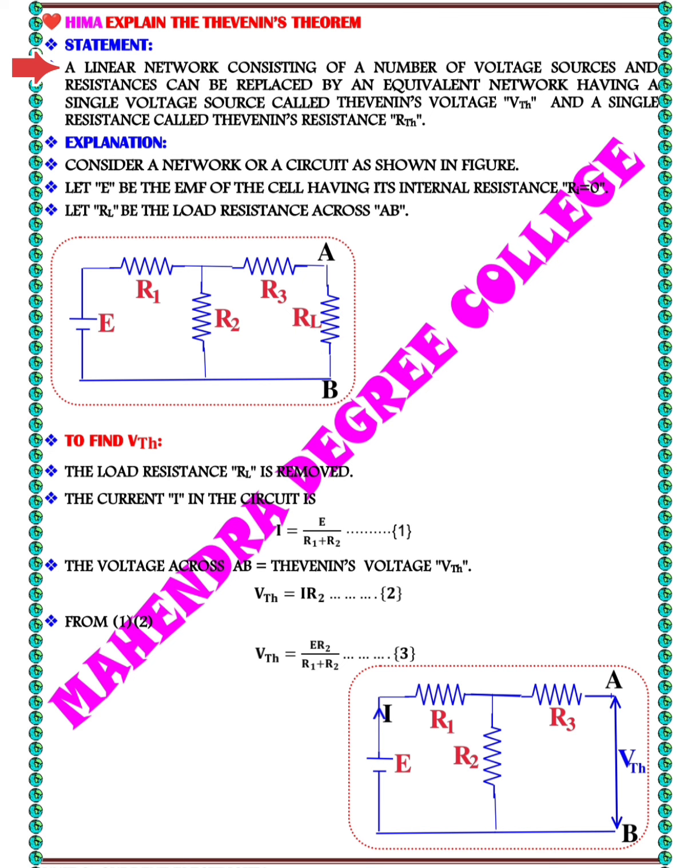Next, Thevenin's resistance represents the equivalent resistance of the network when viewed from those two terminals, with all independent voltage sources replaced by short circuits and all independent current sources replaced by open circuits. It is indicated by RTH or R_TH.